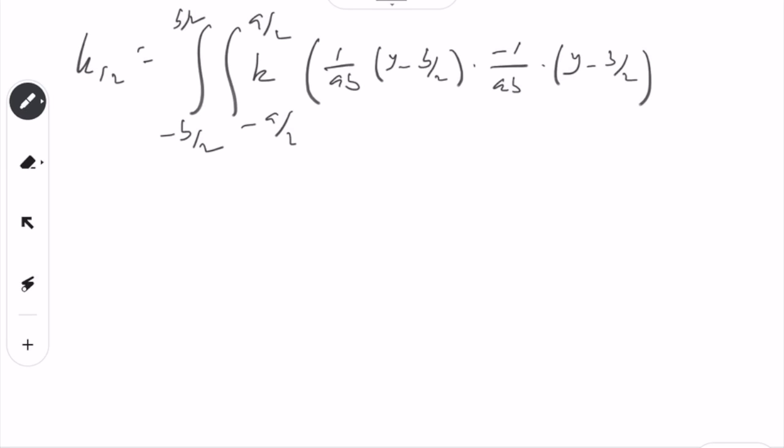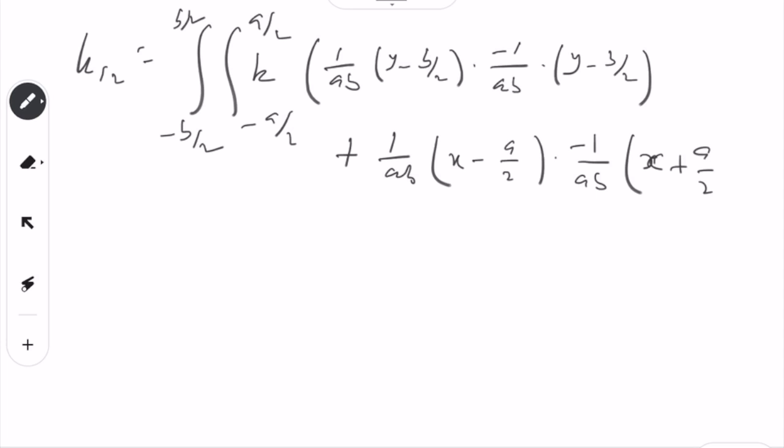Then we have plus, and we have 1 over ab times x minus a over 2 multiplied by minus 1 over ab, and we have x plus a over 2, dx dy.